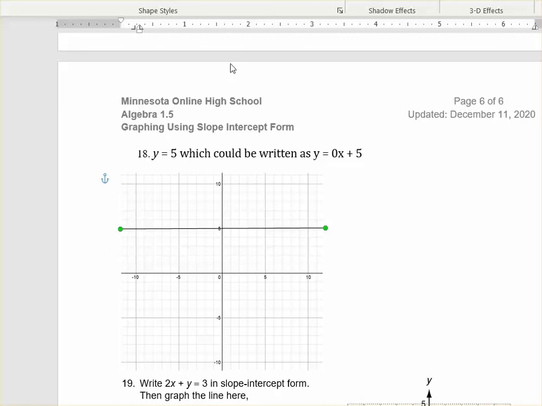So I'm just going to graph my line like that. I'm not sure why it turned gray. Try a different color. Oh, there, it's black again. Okay, we'll leave it like that.